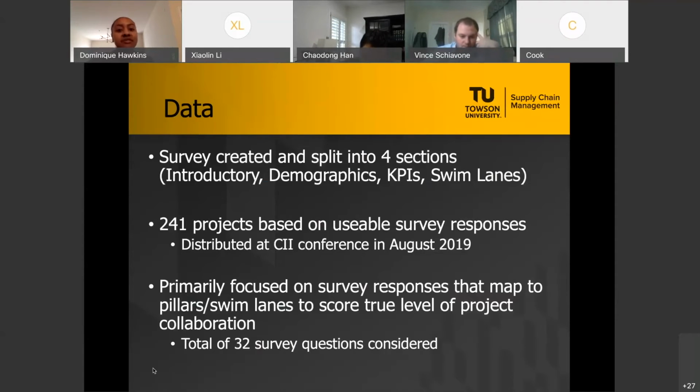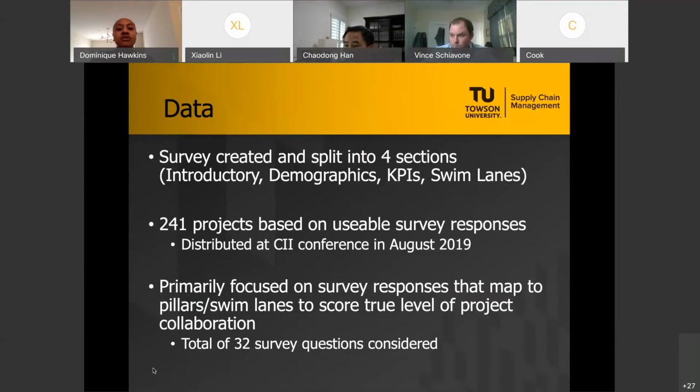And so the survey consisted of 4 different sections: introductory, demographics, KPIs, and swim lanes. And so based on not only distributing the survey at the conference, but also our subject matter experts also helped us distribute the survey through their networks.